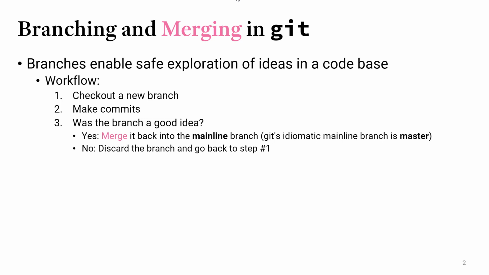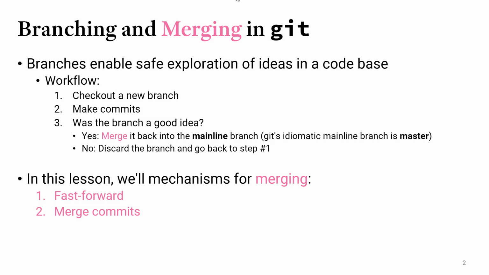How do we make those merges so that we can bring work from different branches into a single branch? If your branch wasn't a good idea, you can also always discard it, and you've not left your project in a state where you need to go undo the work that you did, because your mainline branch would have been left in the same place you were in before you went off and worked in this new branch.